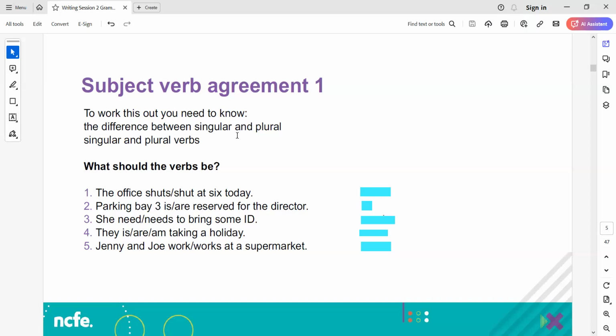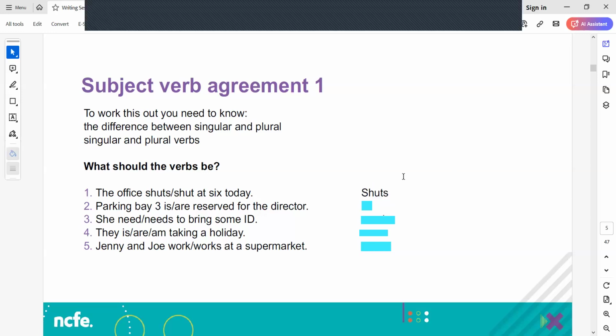And we're talking about the present tense at the moment. So should it be shuts or shut? You should be short. Good. So it should be shuts at 6 today. The office shuts at 6 today.